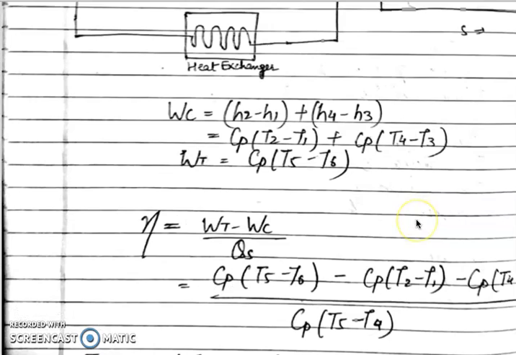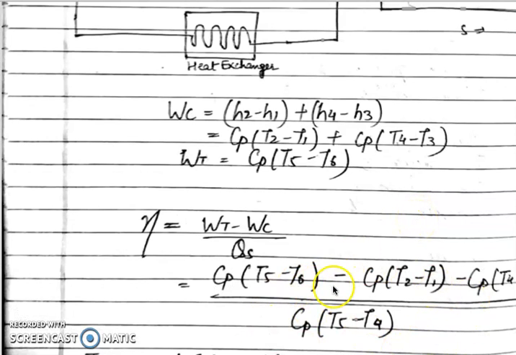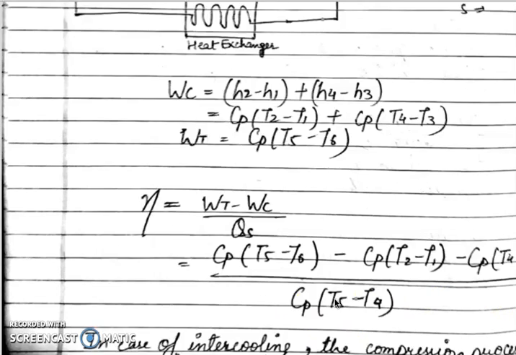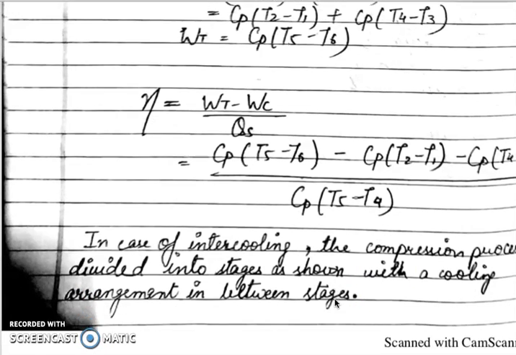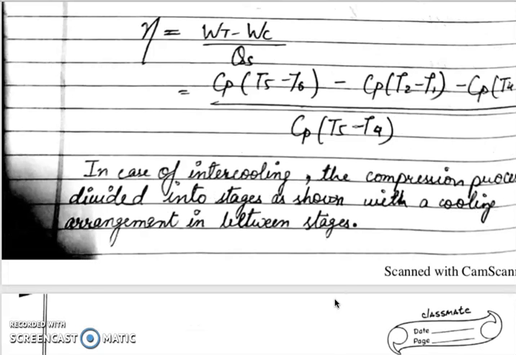So this is the formula for the efficiency along with intercooling. This is the turbine work with a single turbine, these are the two compressor works with the multi-stage compression, and this is the heat input with the intercooling. So this was all about the methods for the improvement of the efficiency of the cycle.